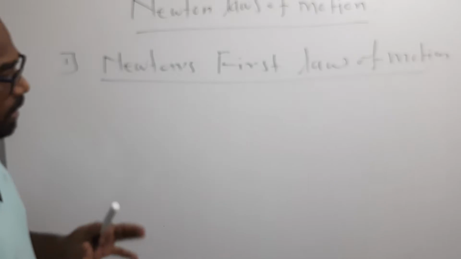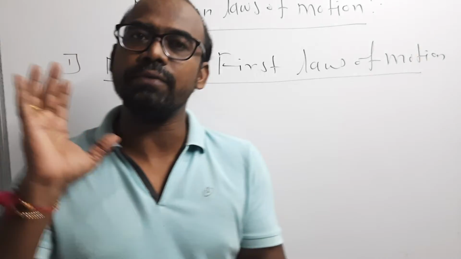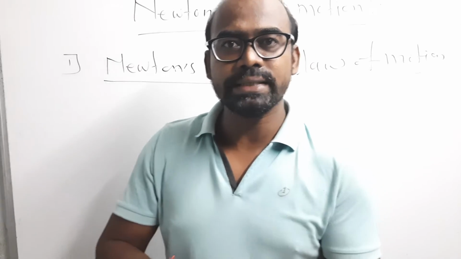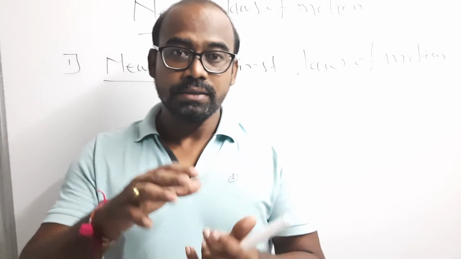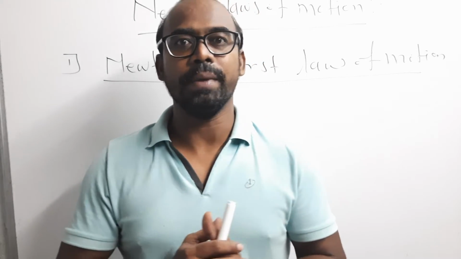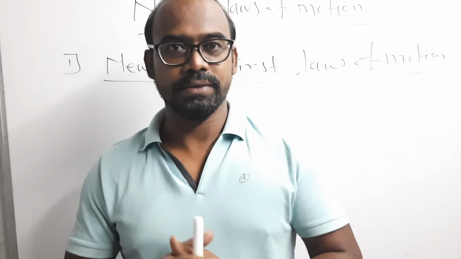That means if a body is kept on the table, it will stay on the table for several years. It will not move by itself until I put some effort or some force on that object.